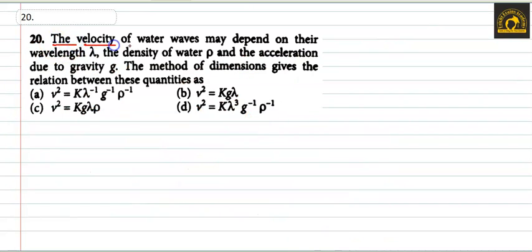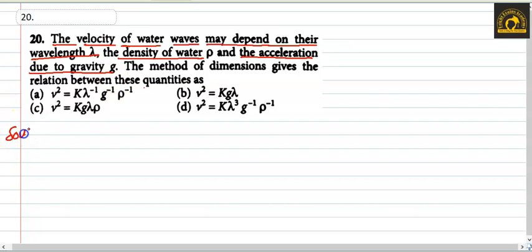The velocity of water waves may depend on their wavelength, density of water, and acceleration due to gravity g. Derive the relation of these quantities by the method of dimensions. Okay, so let's see the solution.